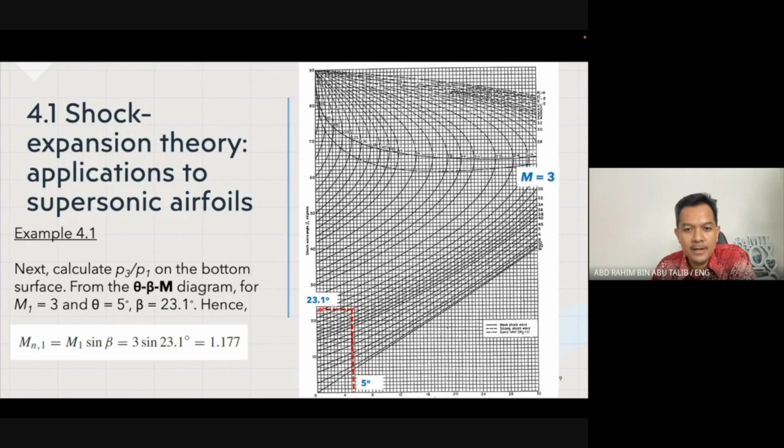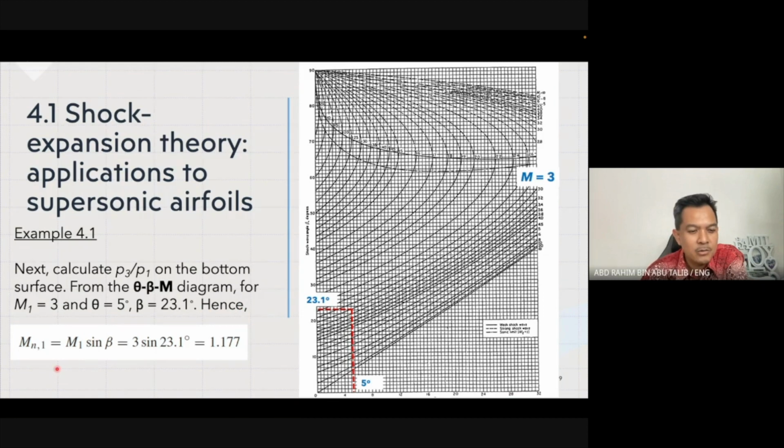You then get the corresponding value of beta. Again, in this example, it is accurately shown as 23.1. If you provide a value of 24 or 25, even 23 without the decimal places, is also acceptable. Of course, the accuracy will be a little bit off, but it's not that significant.